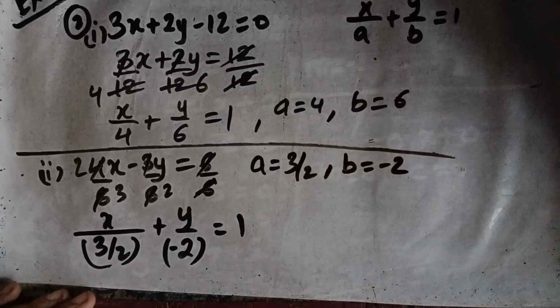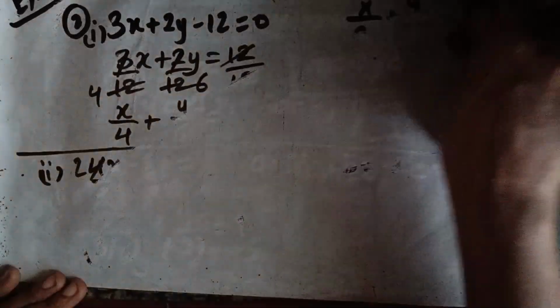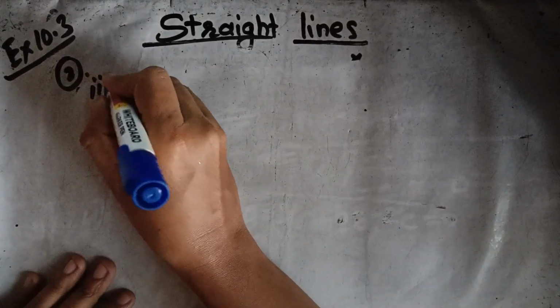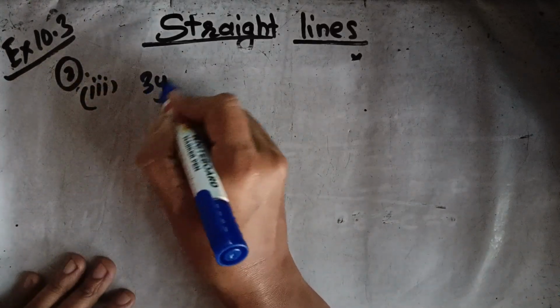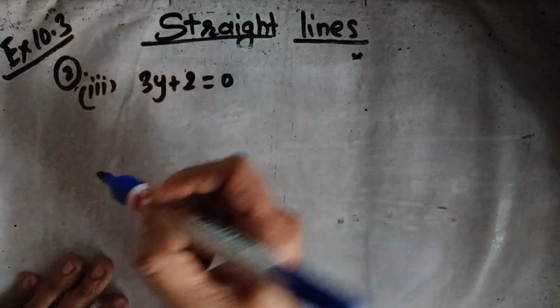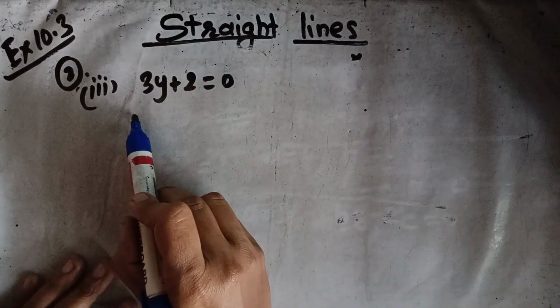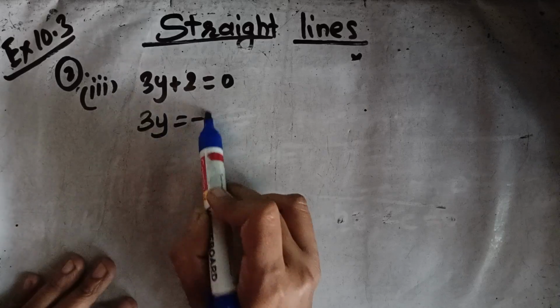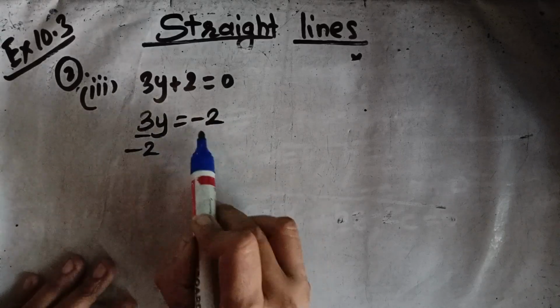Okay. Third equation, 3y plus 2 equal to 0. Okay. So this is, x is not there. Divide by minus 2.